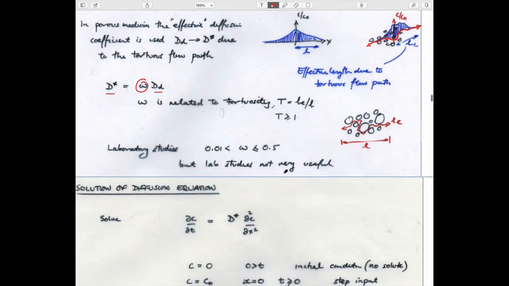And we can do that. And so we'd expect that this number is less than 1, and it turns out to be considerably less than 1, could be 1/100, and represents the fact that these flow paths are quite tortuous.